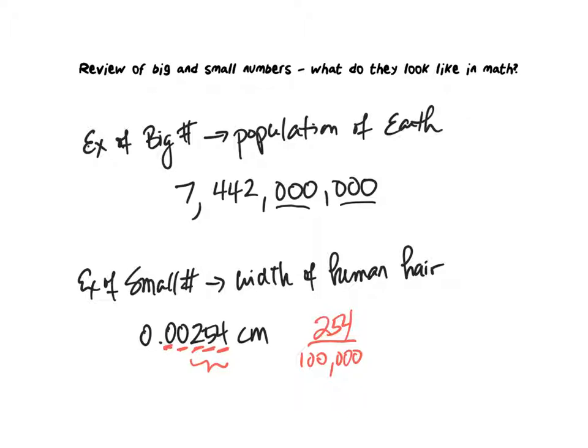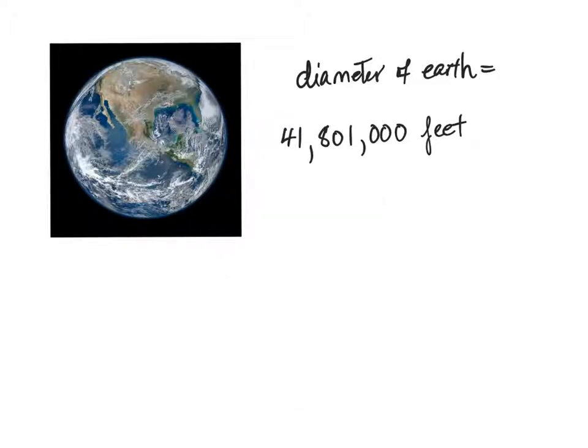Okay, so now we're going to look at an example of how we would use scientific notation. Say you want to put the diameter of the Earth, which is 41,801,000 feet, in what we're going to call scientific notation. The general consensus among science and math people is that you have one digit before the decimal place and then as many as you're given.